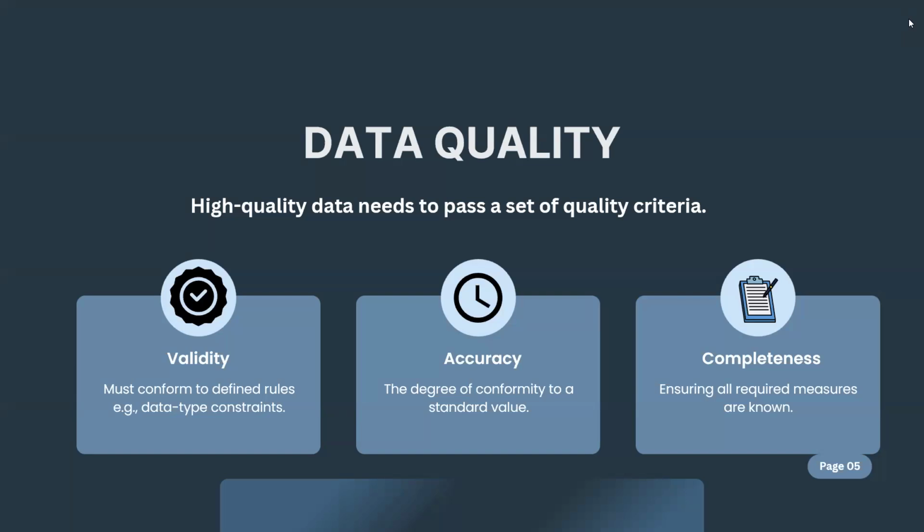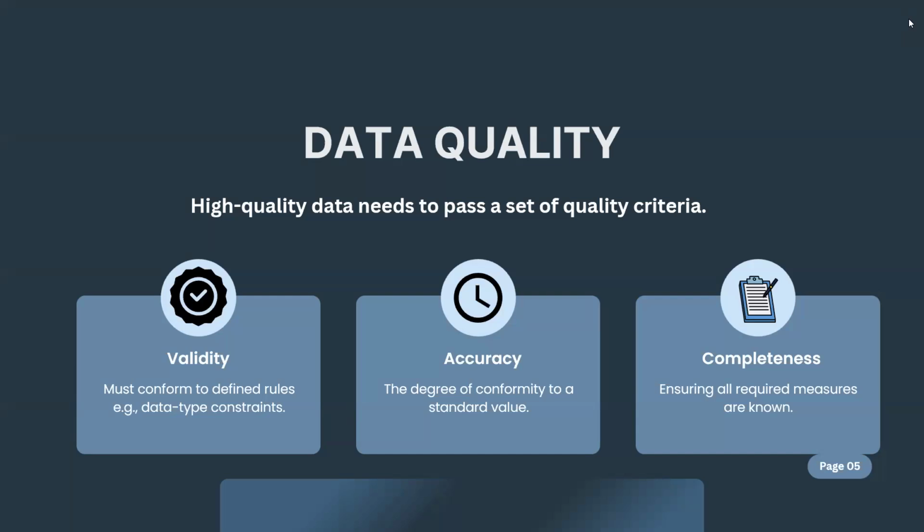Similarly, we have accuracy. That has to do with the data reflecting reality. For instance, something as simple as entering a customer's name or a customer's phone number. If the customer's name is spelled wrong or if the phone number is incorrect, then that means it's inaccurate, and any conclusions or anything that's done with that data is going to be wrong.